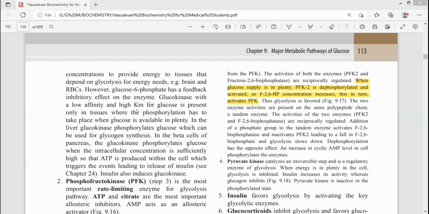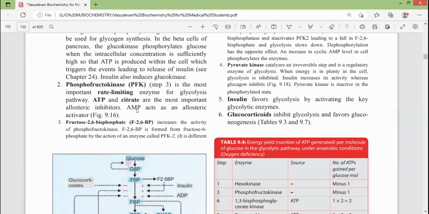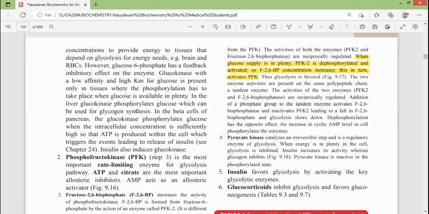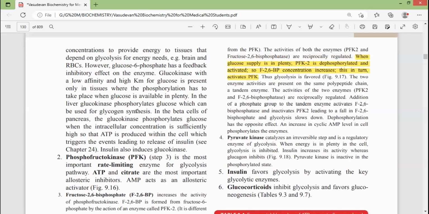Sorry guys. So we were talking about fructose 2,6-biphosphate. It increases the activity of PFK1. How? Because when glucose is in good supply, you've taken your soda, PFK2 is activated. When it's activated, we form more fructose 2,6-biphosphate, and this fructose 2,6-biphosphate activates our phosphofructokinase, the PFK1.